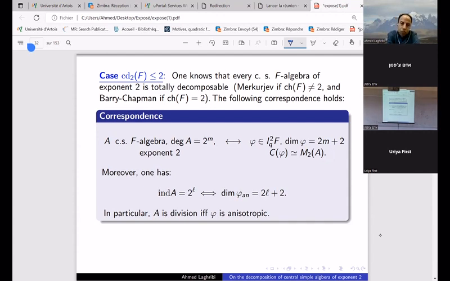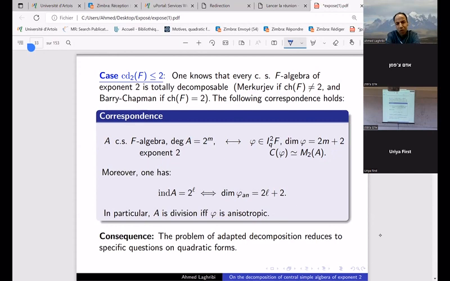Okay, so we will work really in this situation when the homological two-dimension is at most 2. And we see that in this case, the study of the adapted decomposition reduces really to specific questions on quadratic forms. Okay.